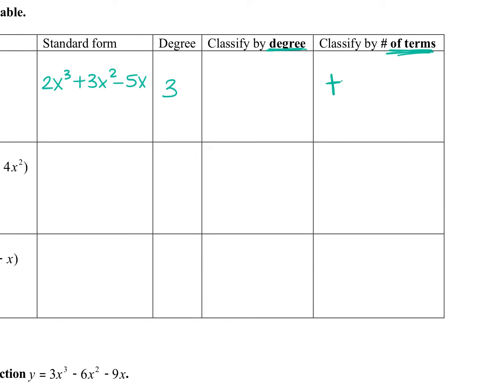Trinomial is the number of terms. This is a trinomial, right? It's 3 terms, so a trinomial. But degree is something to the third power. We say we cubed it, right? This is a cubic. So that is a cubic trinomial.